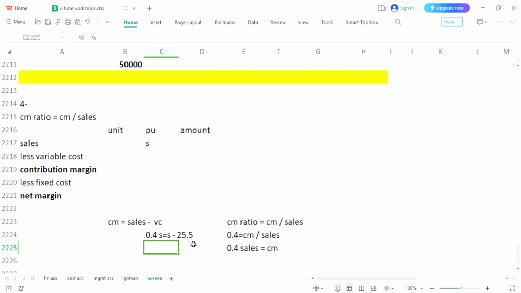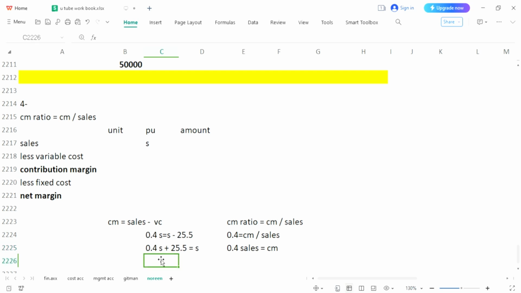Now the next step is what? This 0.4 and 25.5, we are just going to change their positions. If it is subtracted over here, you can take it to this side, it would be added. So we should write 0.4 S plus 25.5 is equal to S, what is left on the right side.